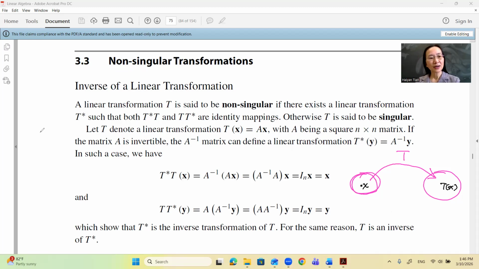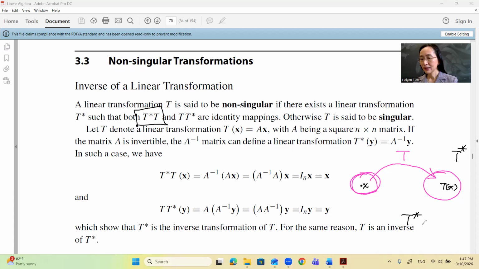And then T star on T means that after you apply T, you apply T star. So T star following the application of T. Then what do we get?